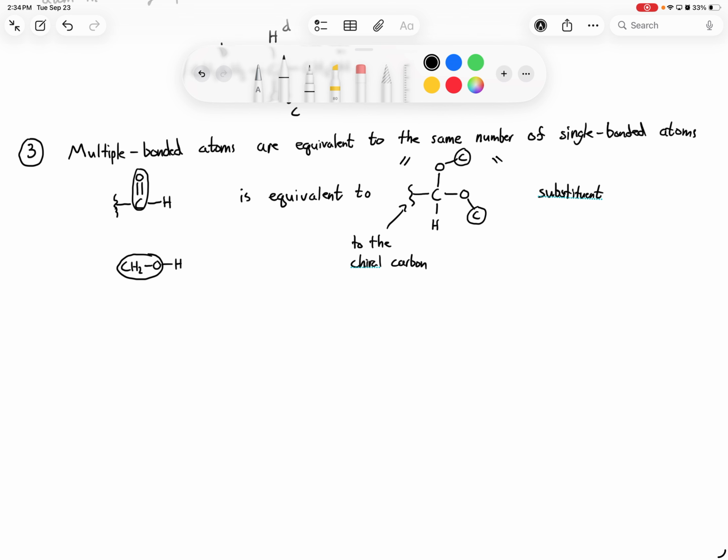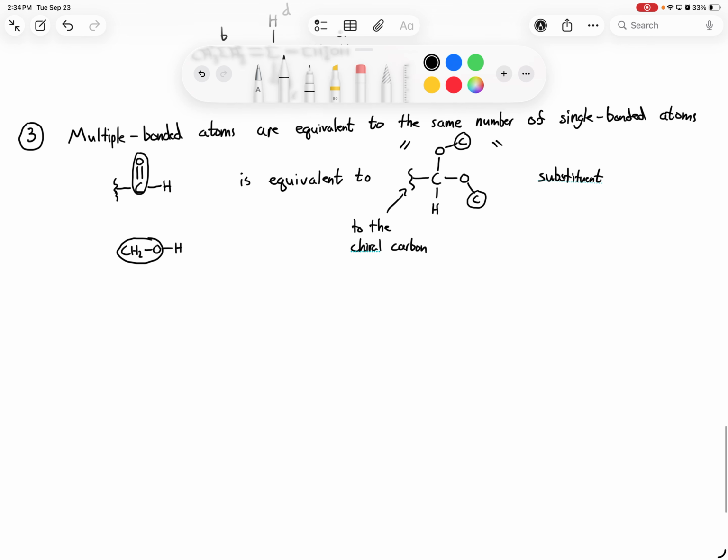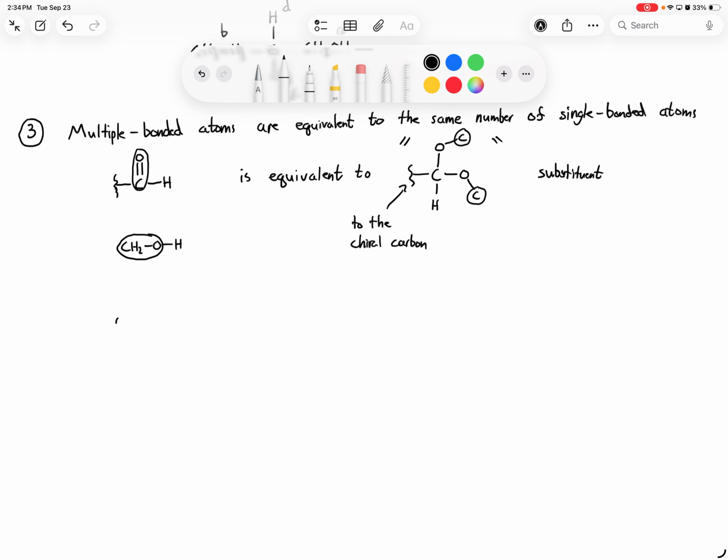Okay. All right. Now triple bond is going to be even more nuts. So let's go over that one. So here's a triple bond. CN is equivalent to this, which goes to the rest of the molecule, okay?